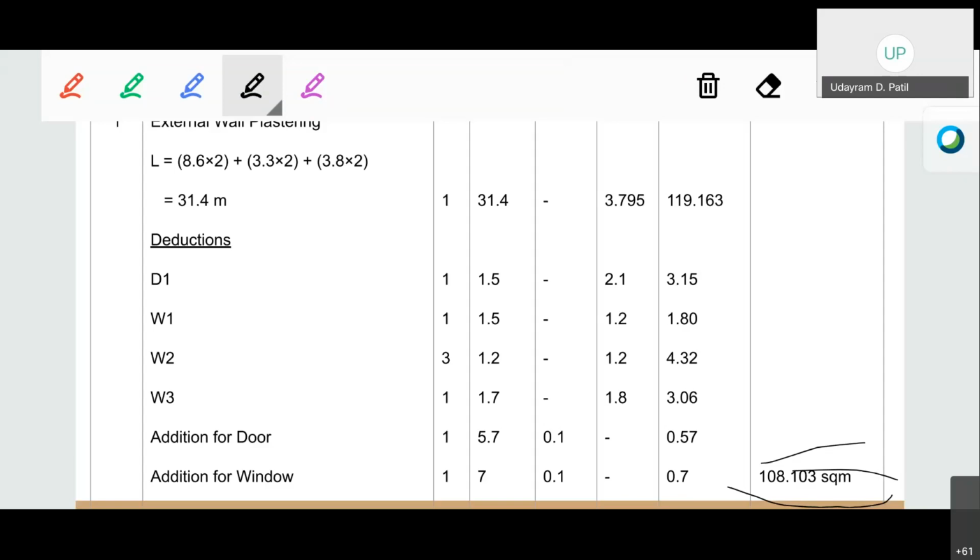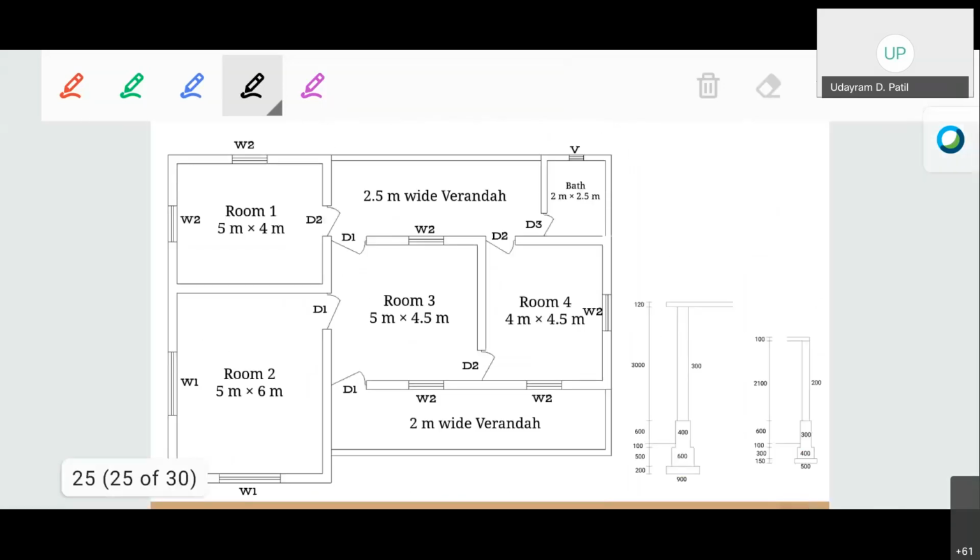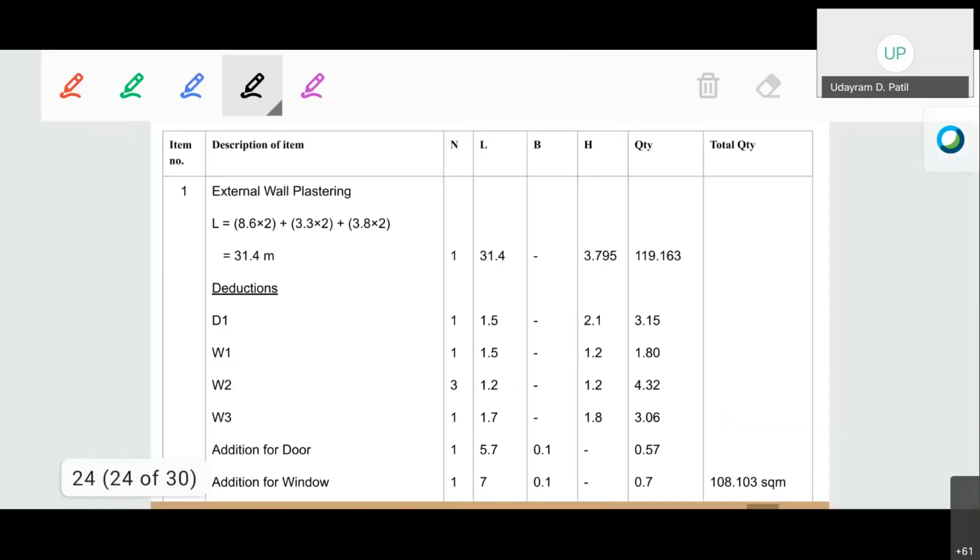Yes, so the answer is 108.103 square meter. Okay, the next example is our second one, that we will take in the next lecture. So I think you have got the idea of the deduction.